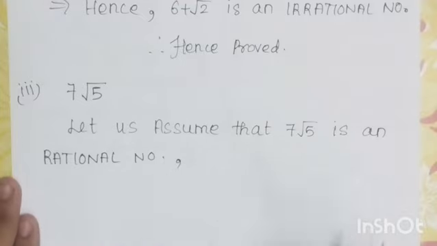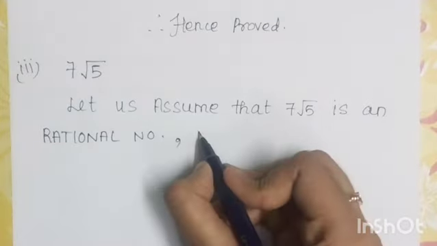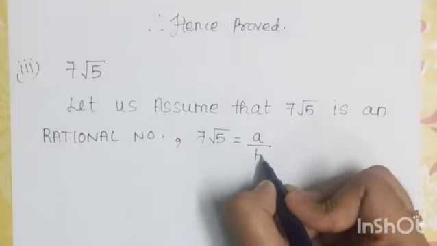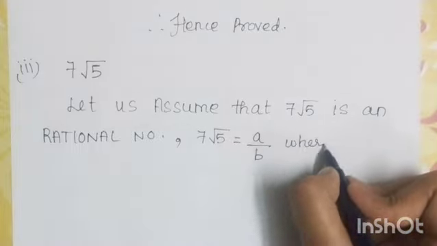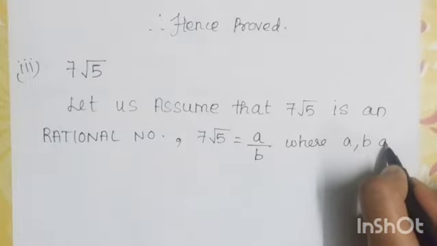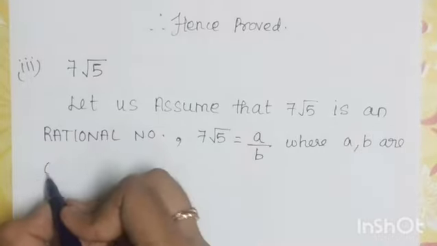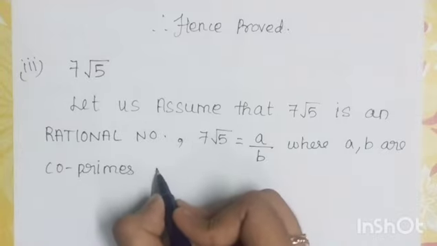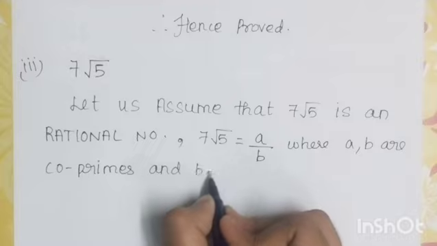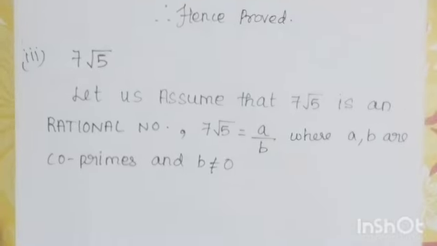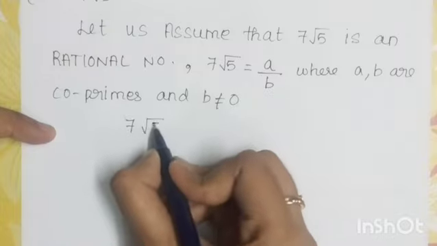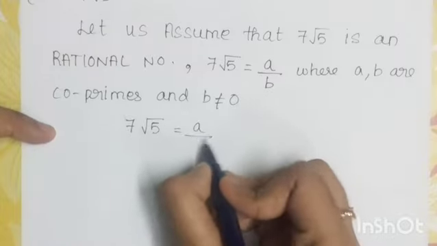If it is a rational number, then 7 root 5 will be in p by q form, which is a by b, where a, b are co-primes and b is not equal to 0. So 7 root 5 is equal to a by b.